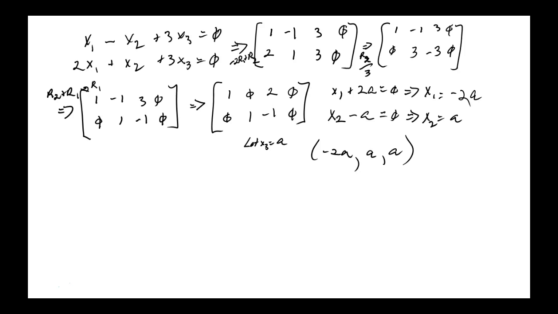Now, here's theorem 1.1, which is sort of based on that last example we did and this example. And here's the theorem. Every homogeneous system of linear equations is consistent.